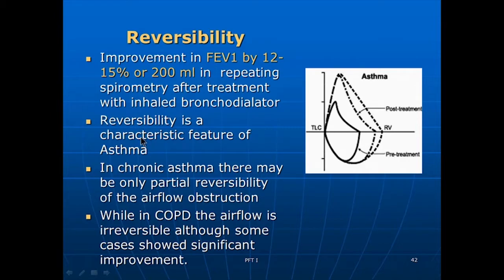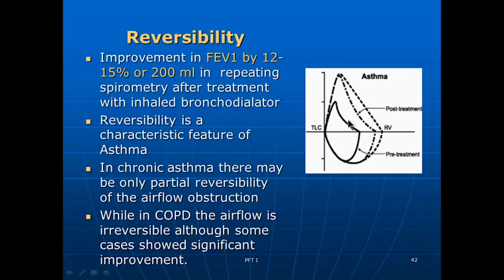So that's a characteristic of asthma, the reversibility of the disease with the use of a bronchodilator. If they improve their FEV1 by 15%, then the bronchodilator was effective, and they will be placed on that bronchodilator based on this pulmonary function study.